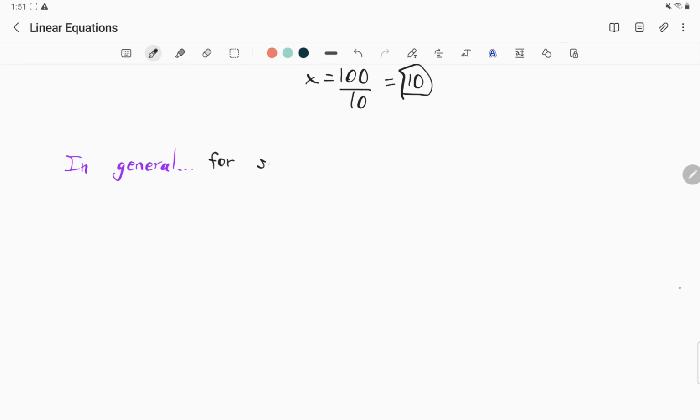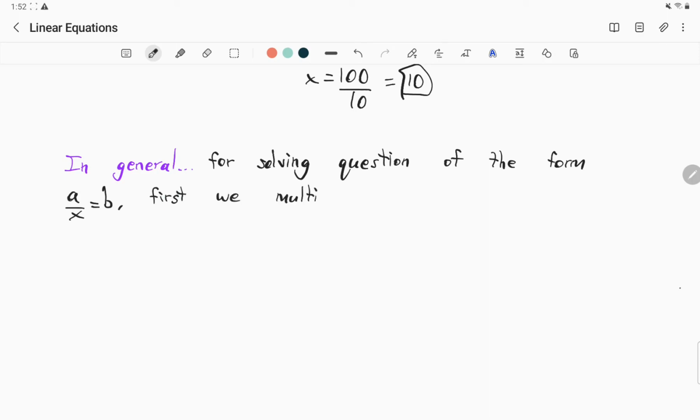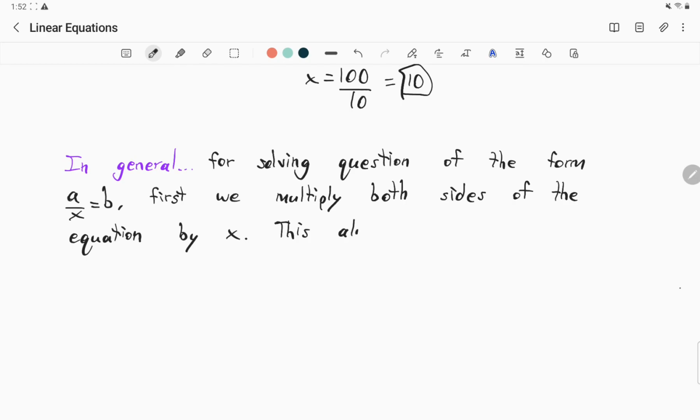For solving questions of the form A over X equals B, first we multiply both sides of the equation by X. This always gives A equals BX.